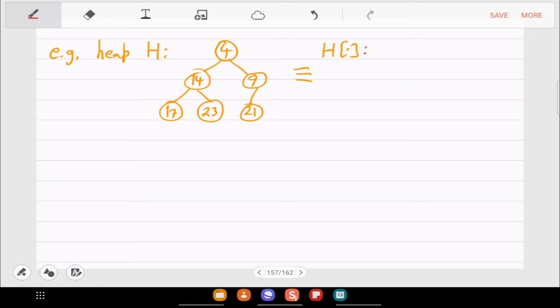So how do you express this? What is the first element? What is H0? Oh, you are already confused. H0 is the root, right? So that is 4. After that, 14 and 9, and then 17, 23, and 21.